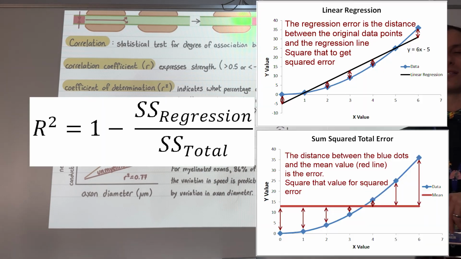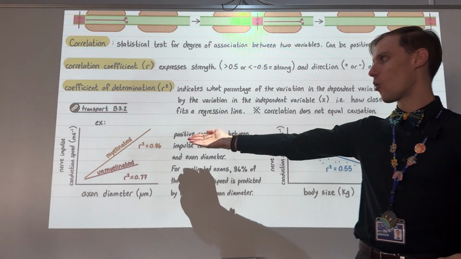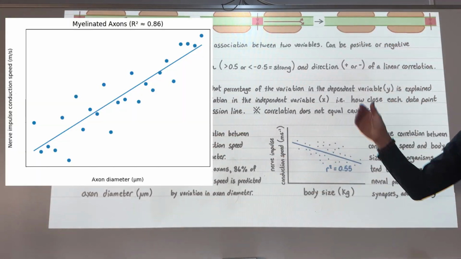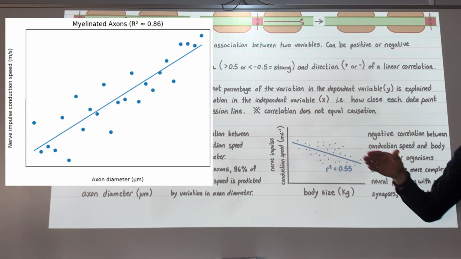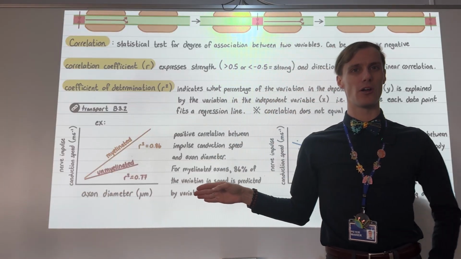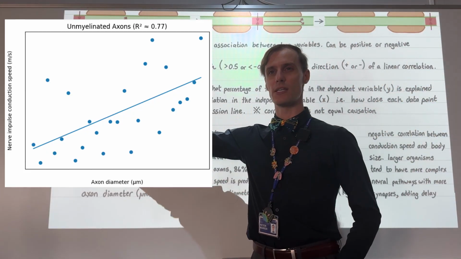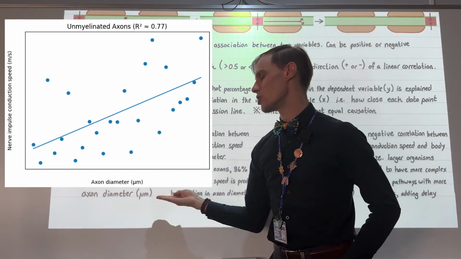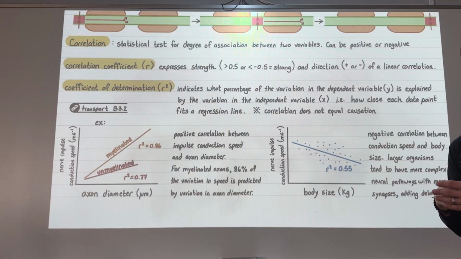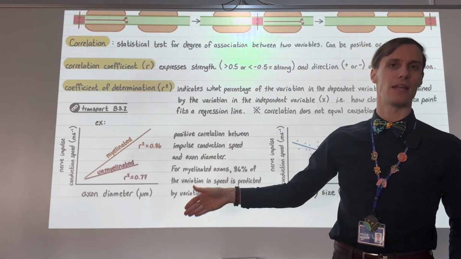What an R-squared does is it measures the percentage that the variation in Y is able to be explained by the variation in X. Another way that you could say this is that for an R-squared of 0.86, 86% of the variation in speed is accounted for by variation in diameter, versus for unmyelinated, 77% of the variation in speed is accounted for by variation in axon diameter. So in this way, we would say that the relationship is a stronger one for myelinated than unmyelinated given this data.